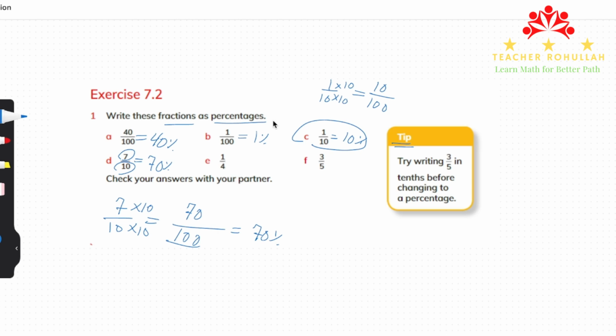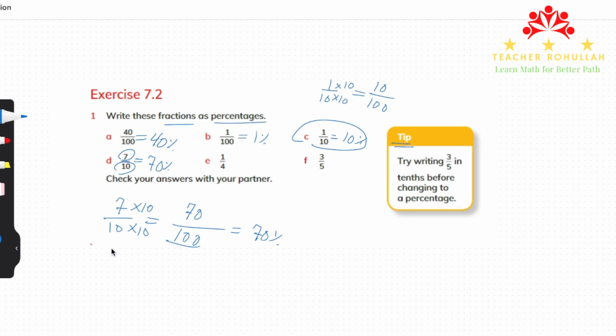We have 1/4. So in this case, we can use the tip here. The tip says, try writing 3/5 and tenths before changing it to percentage. Now for 1/4 also we can do like that. We have to look for the number that can be multiplied with 4 and gives us a denominator of 100.